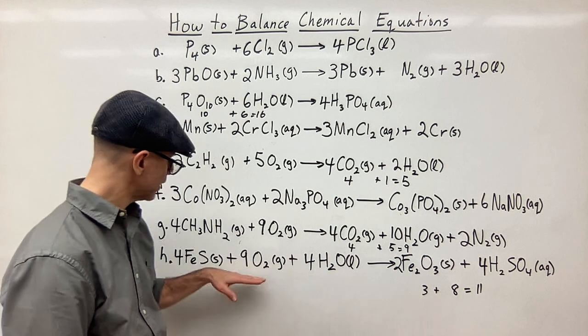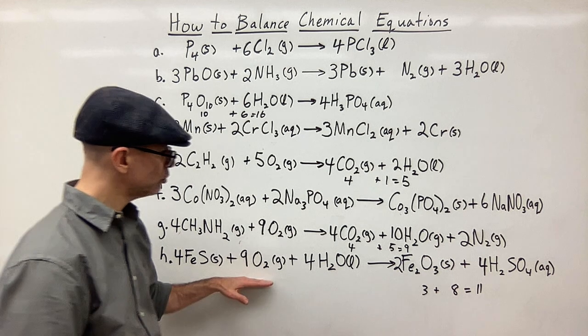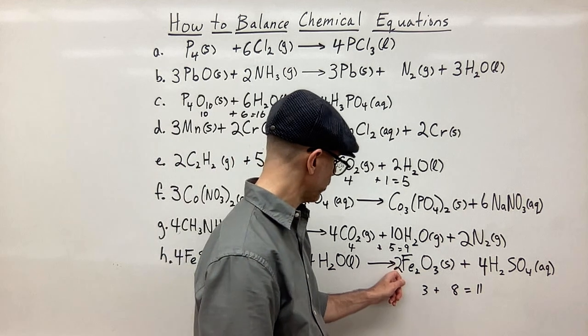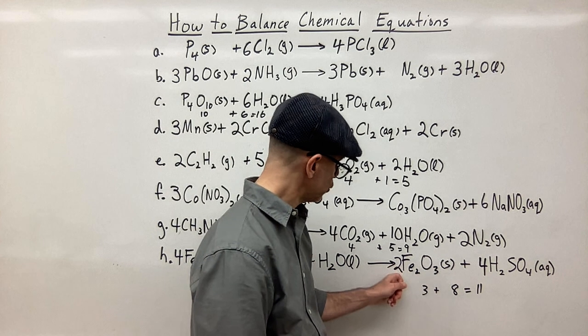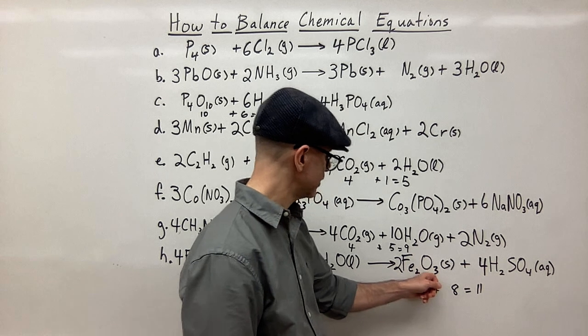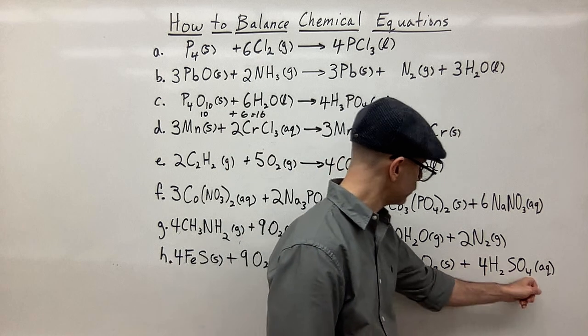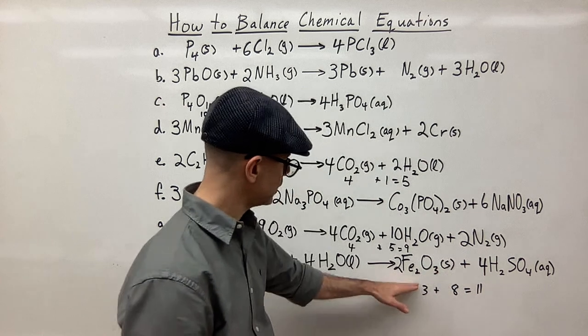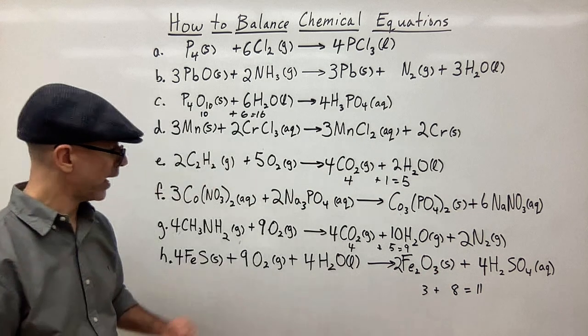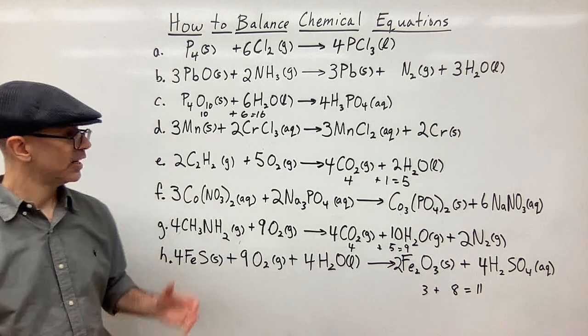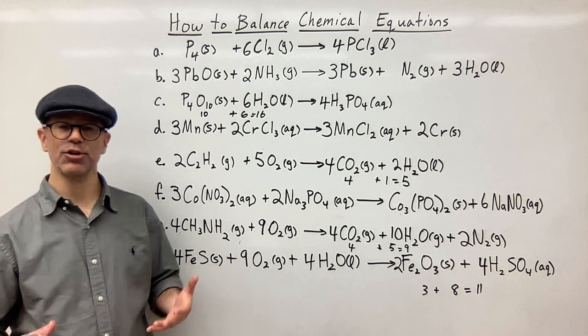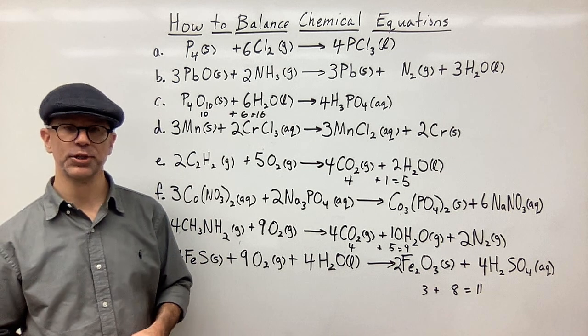So 4 plus 18 is 22. And then on this side, I have 2 times 3 is 6, plus 4 times 4 is 16. 16 plus 6 is 22. So my oxygens are balanced. And so that, ladies and gentlemen, is how you go about balancing your chemical equations.